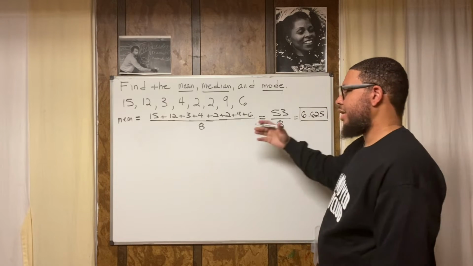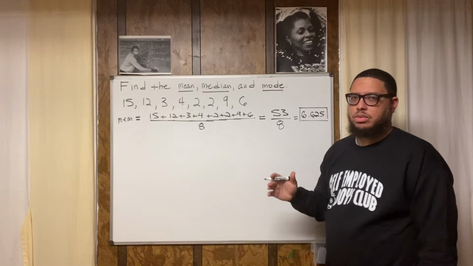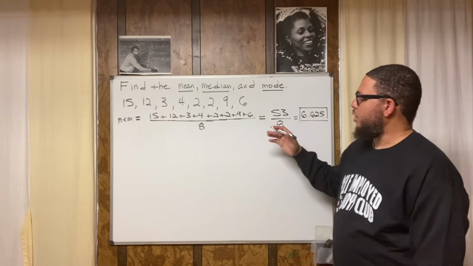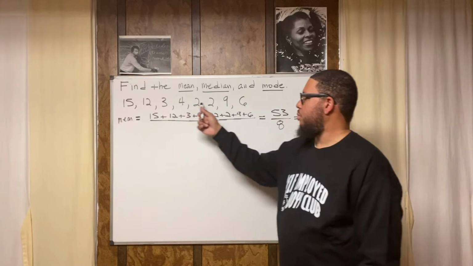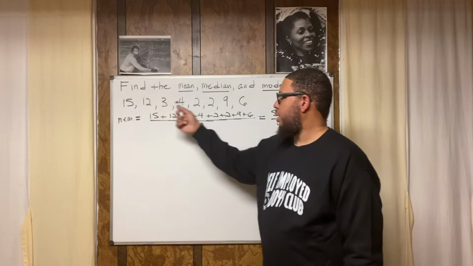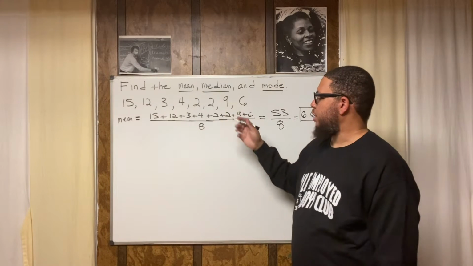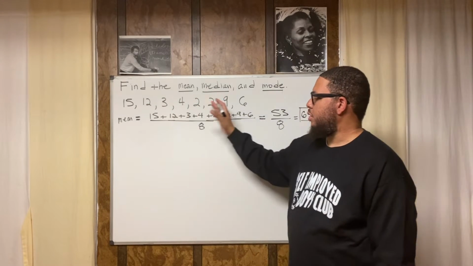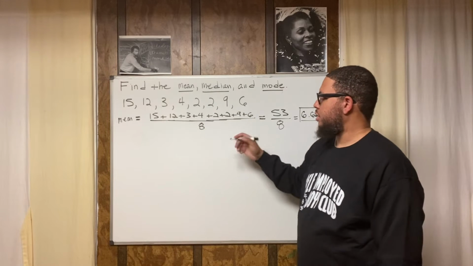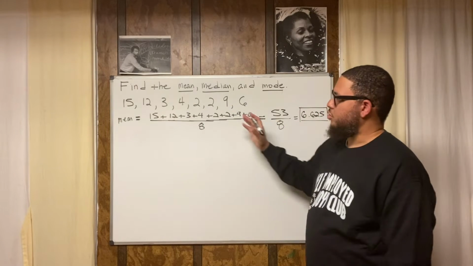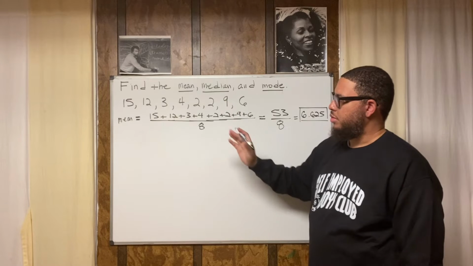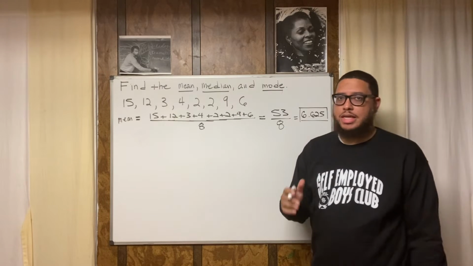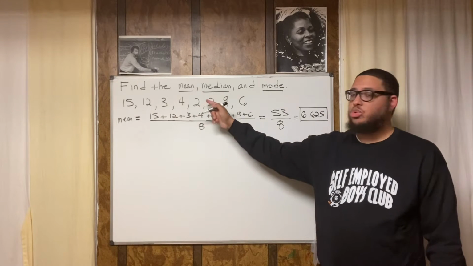6.625. So the mean is kind of like a middle value of all of these numbers. If you listed out all of these numbers in order from least to greatest, you would see that 6.625 is in the middle. Now the median is the number that's exactly in the middle based upon the actual numbers.